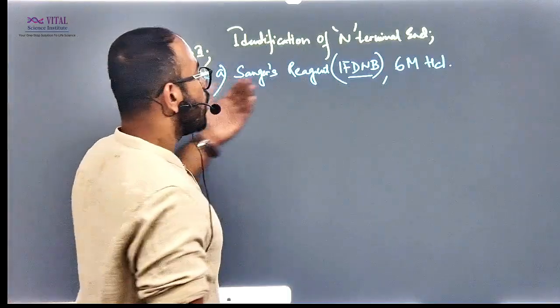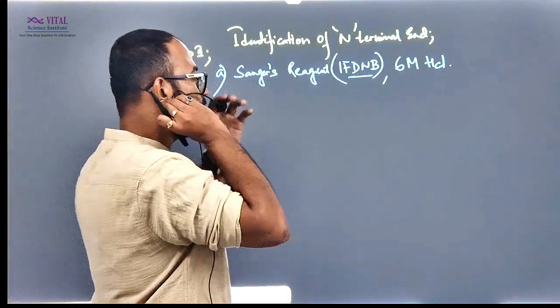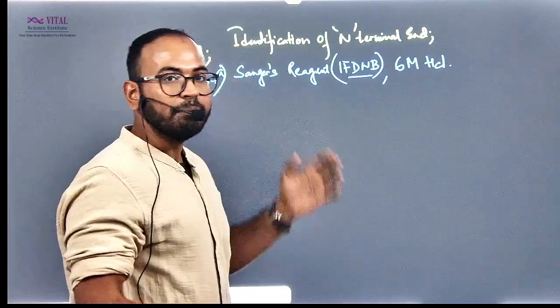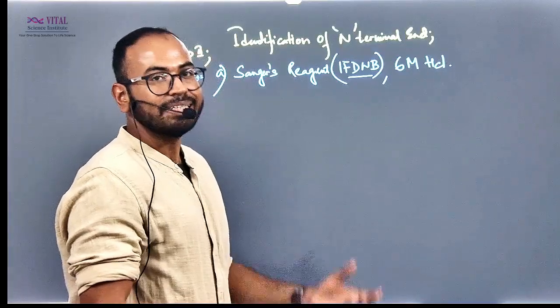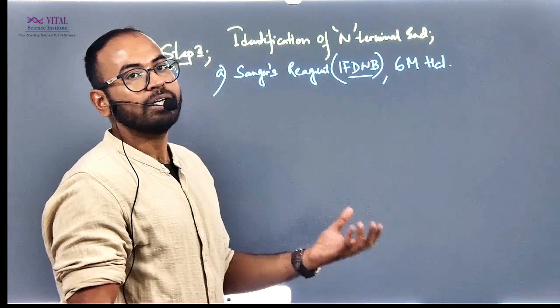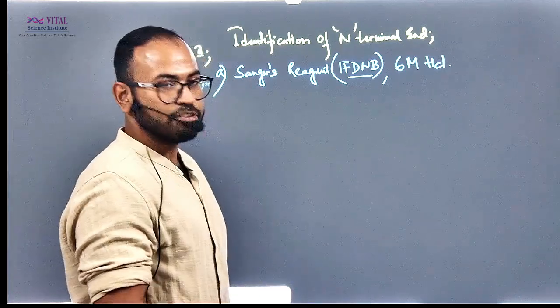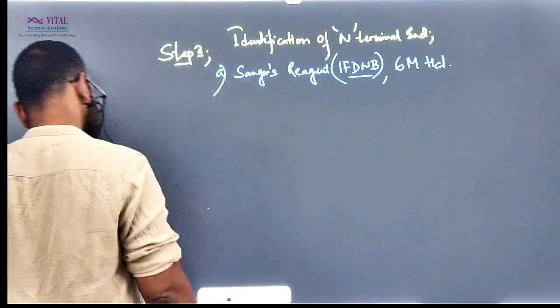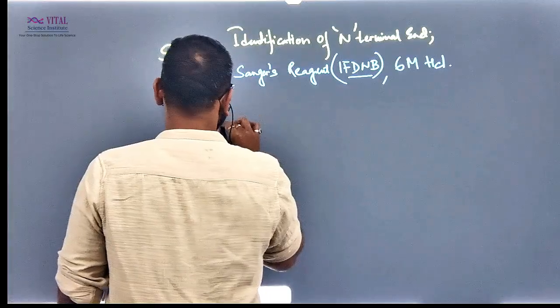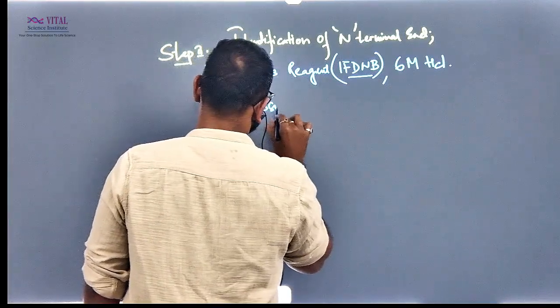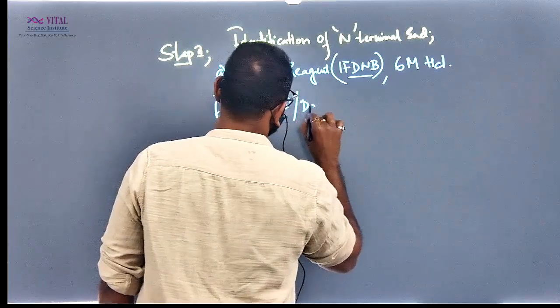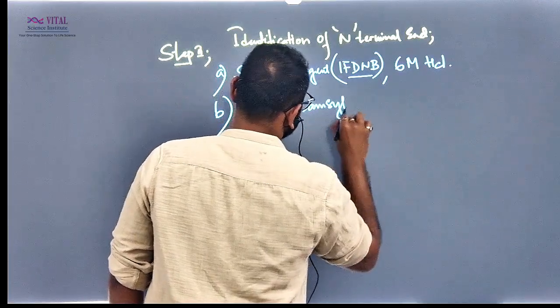But there lies a problem with this technique. As we are applying 6 molar HCl, the entire peptide bond will readily get disrupted instead of determining only the amino terminal end. This is a drawback of this technique. Another thing is we can identify them with dansyl chloride.